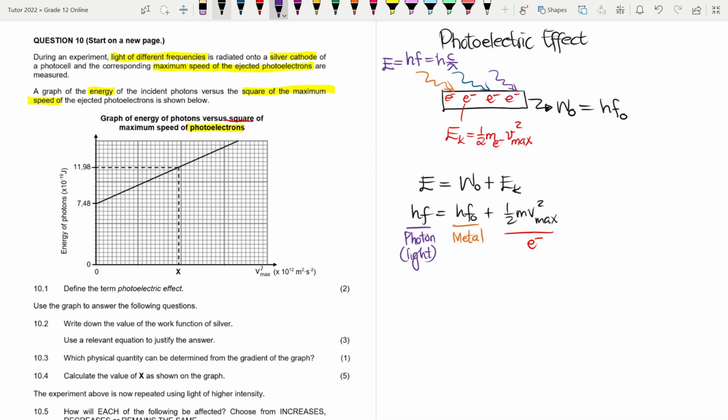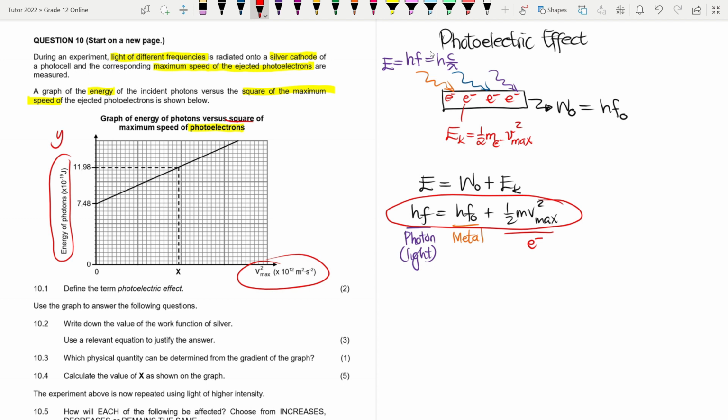That's all you have to remember. And then another thing to remember is you can manipulate this equation to give you whatever relationship you have depending on what you're given on your graph. In other words, this is your y-axis, this is your x-axis. So if I manipulate this equation so that I have E on the y and V max squared on the x, I'm going to keep E as it is, keep the work function as it is, plus this one I'm going to break down, and it looks like this is already in the form I want.